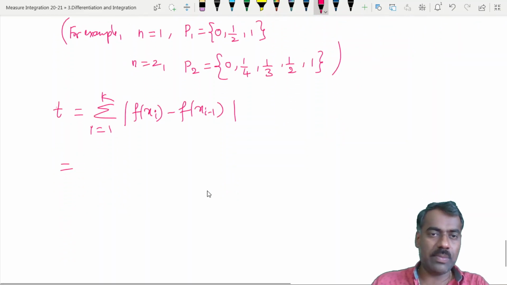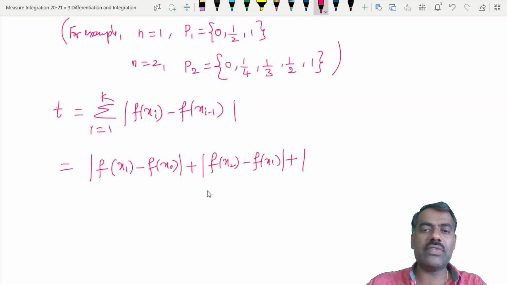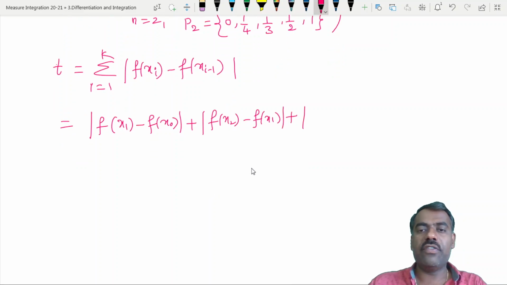If you substitute those values here, the first one is f of x1 minus f of x naught, plus the next one, f of x2 minus f of x1, plus the next one, f of x3 minus f of x2, plus and so on.